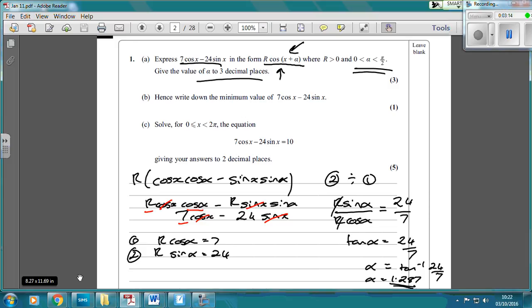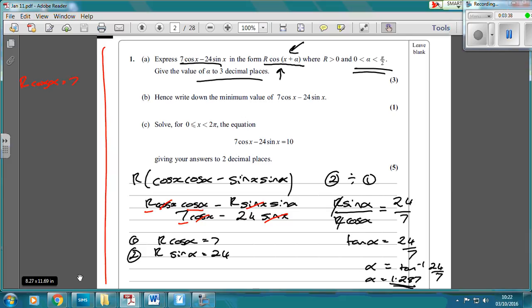Even though it doesn't say it, we're going to need to use r to find out part b, but also what we do in this question most of the time is work out what r equals. So if I do that over this side of the screen, now we know that r cos alpha equals 7.